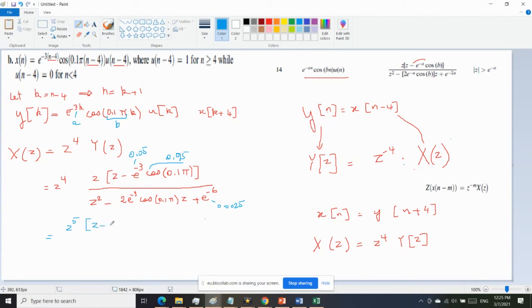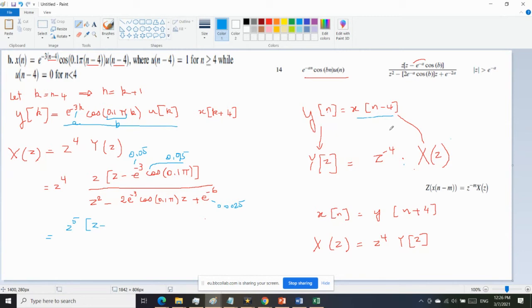Doctor, the z power will not be minus 4. Why? We have y equals this. Why? Y is the shifted version of x.